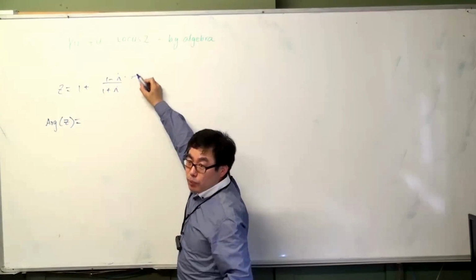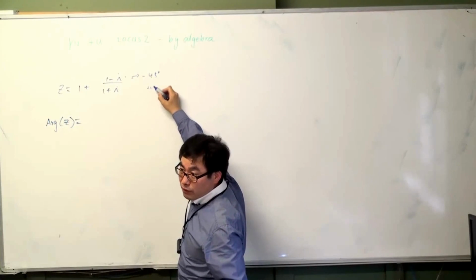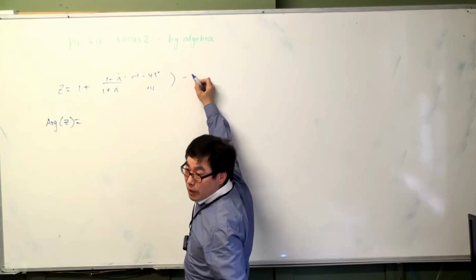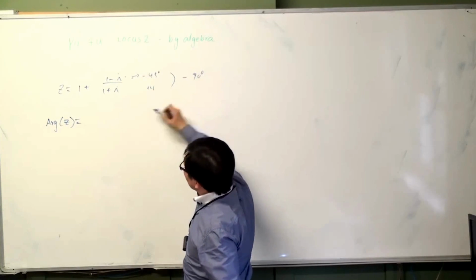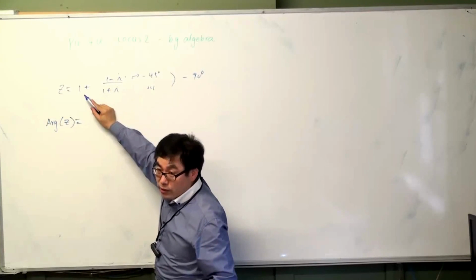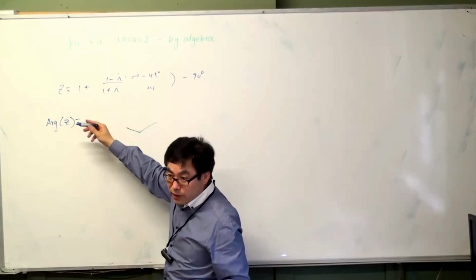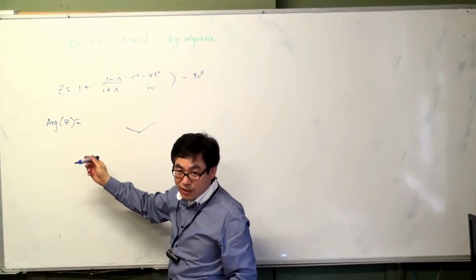What's the modulus for the top? Minus 45. What's the bottom? Plus 45. So what's the total? Minus 90. What's the size? 1. So 1 and 1, isn't it? What's the angle? Half of it. So minus 45.